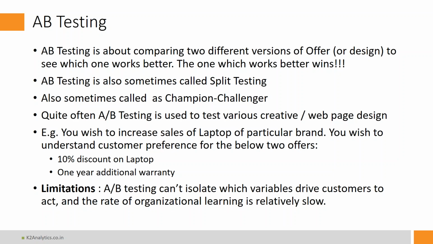Now someone needs a loan and you give him an offer that I'm giving a personal loan at 10%. But if you had not given the offer, that customer would himself have come and taken the loan from your branch at 12%. In that case, are you losing on opportunity? Yes. So by targeting a customer who needs a loan, and despite knowing that he needs it, giving a low offer, you're losing on the opportunity.